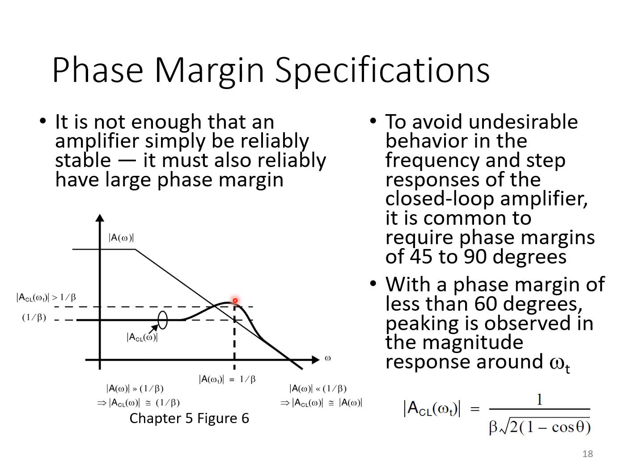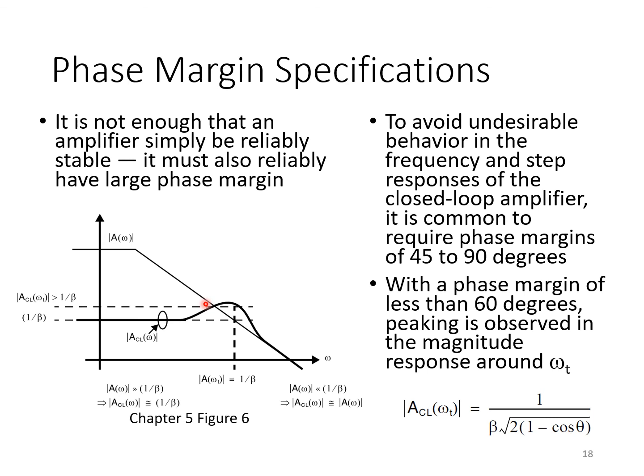Okay, so that may be very undesirable. That means that we've designed a closed loop amplifier to have a gain of 1 over beta, but that over some frequency range, it's actually got a gain higher than that. It's sort of expected that at high frequencies we're going to lose gain because of the finite bandwidth of the amplifier, but peaking in the magnitude response in some applications is going to be very undesirable.